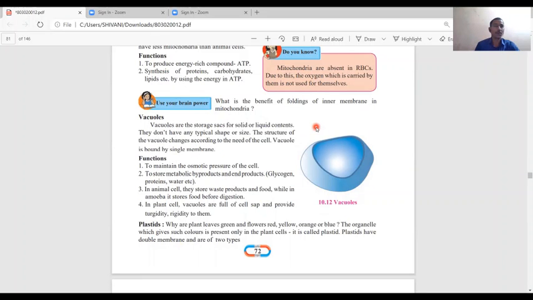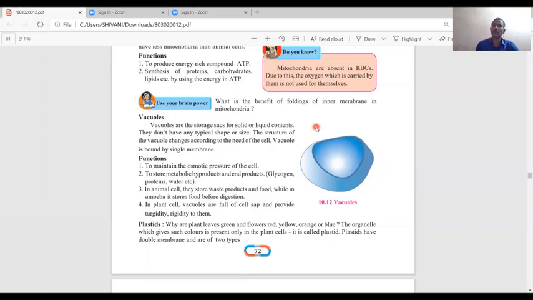Another cell organelle is vacuoles. Vacuoles are also known as storage sacs because they store solid as well as liquid substances.